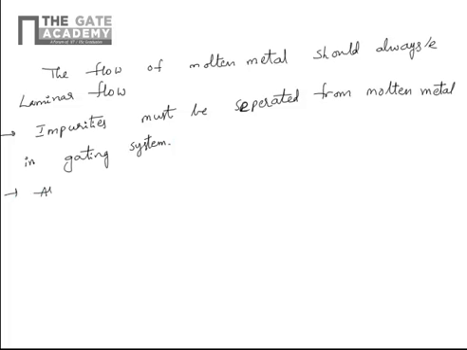Aspiration effect should be avoided. Aspiration is due to pressure difference. If aspiration effect is present, air bubbles will go into the casting, and again a defective product will come. Aspiration effect is to be eliminated as much as possible.